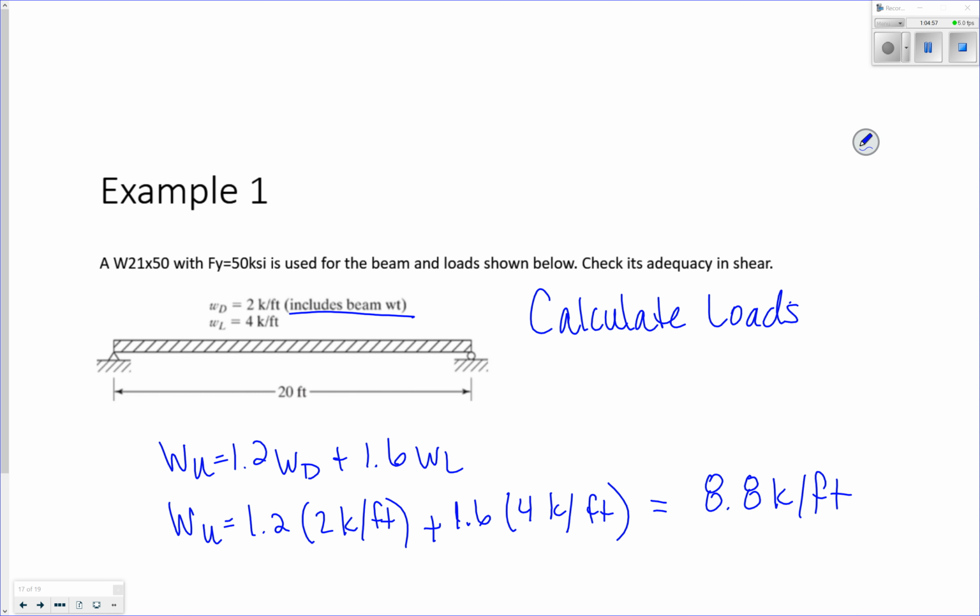Boom, 8.8 kips per foot. I get to go to my shear and moment diagram. Let's see.